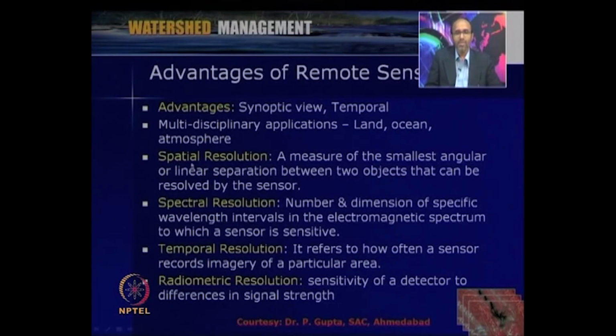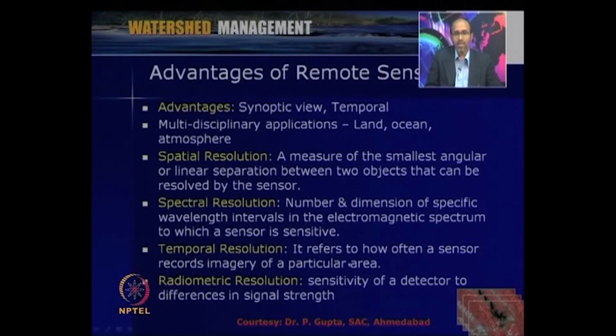So, that is the spatial resolution of the specific satellite which we use for remote sensing. Spectral resolution means the number and dimension of specific wavelength intervals in the electromagnetic spectrum to which a sensor is sensitive. That is the so-called spectral resolution.